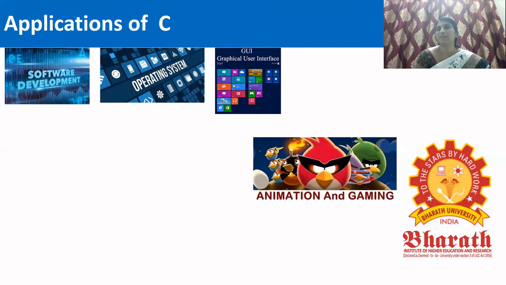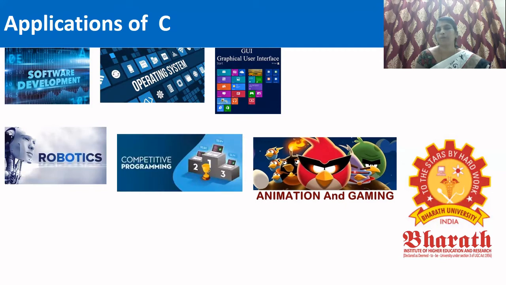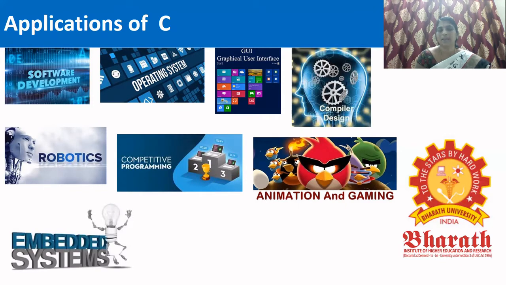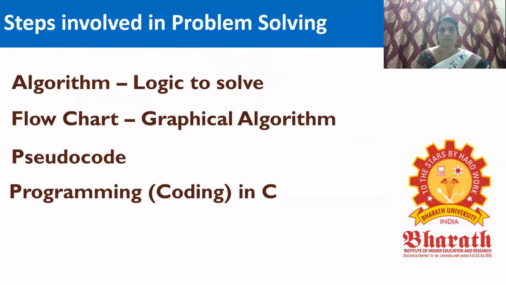And we have animation and gaming, robotics, competitive programming, compiler design, and embedded systems. We know that Mozilla Firefox is entirely an application of C, and Google uses most of its applications built using the C language.